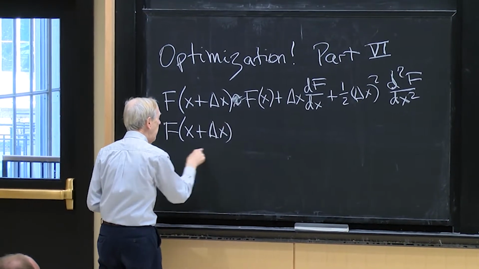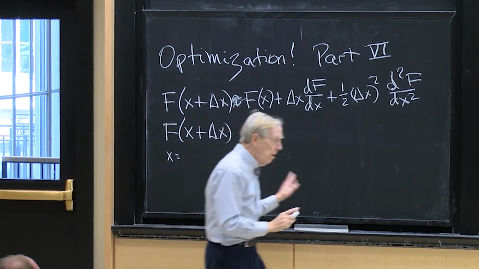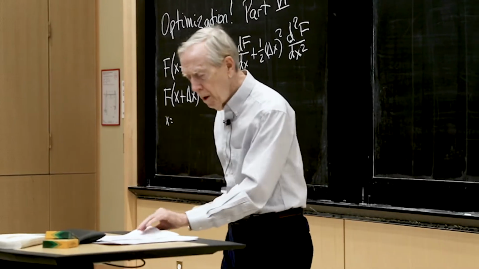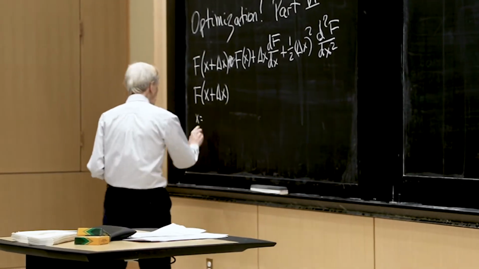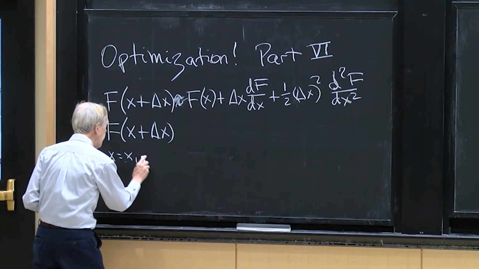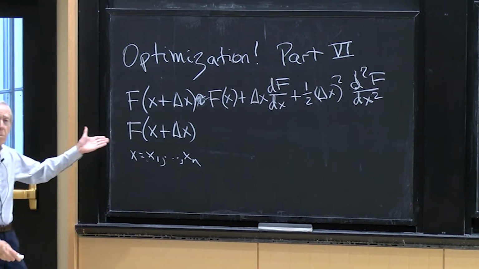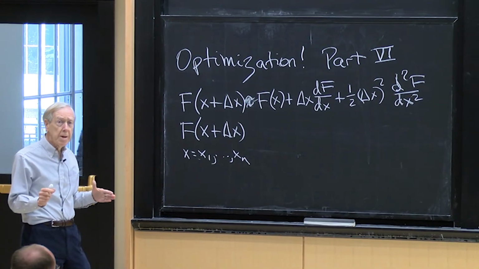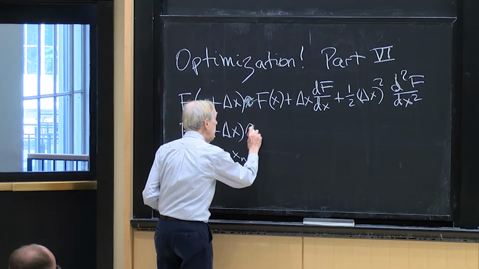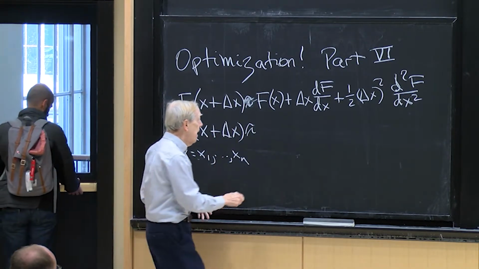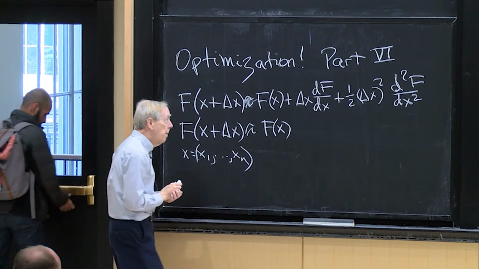So now I want n variables here. X is x1 up to xn. Just to get the words straight, so we can begin on optimization, what will be the similar step? The function f at x, remember x is n variables.